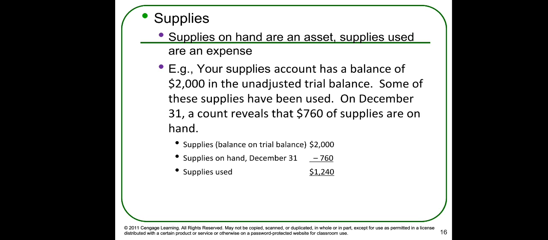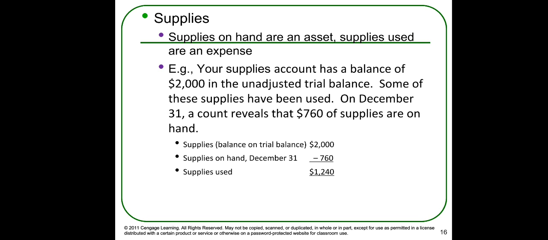Supplies at the beginning of the year, or on the trial balance, is 2,000, and supplies at the end of the year is 760. So from that, you will know that the supplies used during the year is 1,240.